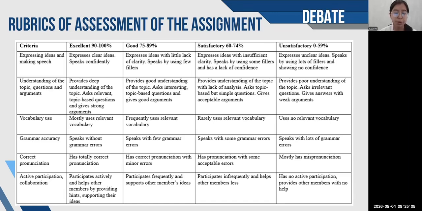So we will assess our grades will range from 90 to 100 for those students who perform this task excellently, and we will put from 75 to 89 for those students who performed well, and from 60 to 74 for those students whose performance was satisfactory, and those students whose performance was unsatisfactory will get from 0 to 59.